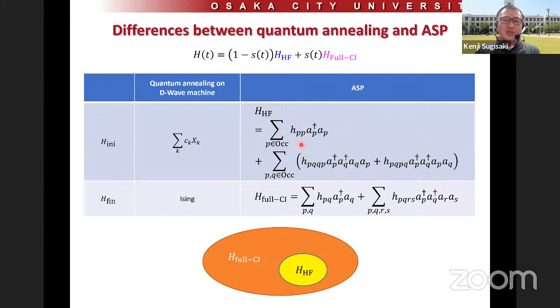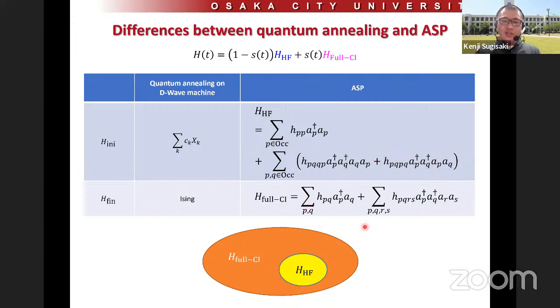So basically, the Fock operator includes just the Coulomb and exchange interaction. So the term to describe the electron correlation is really included in the time-dependent Hamiltonian. This is a big difference. And also, you can easily recognize that if we perform the Jordan-Wigner or Bravyi-Kitaev transformation to generate the qubit Hamiltonian, this Fock operator consists of Pauli X, Pauli Y, and Pauli Z operators.